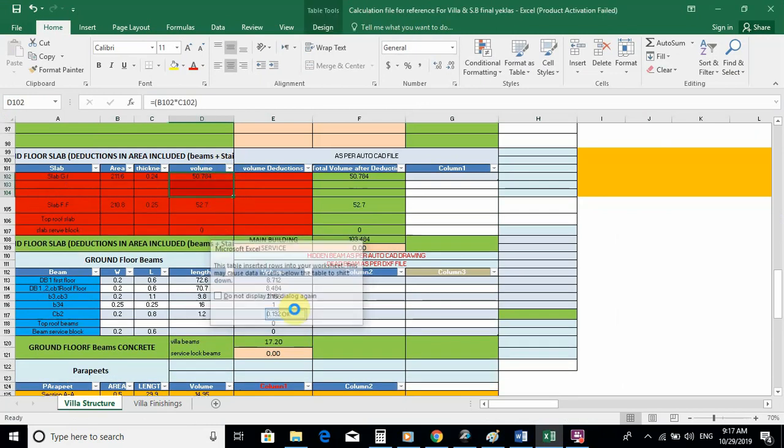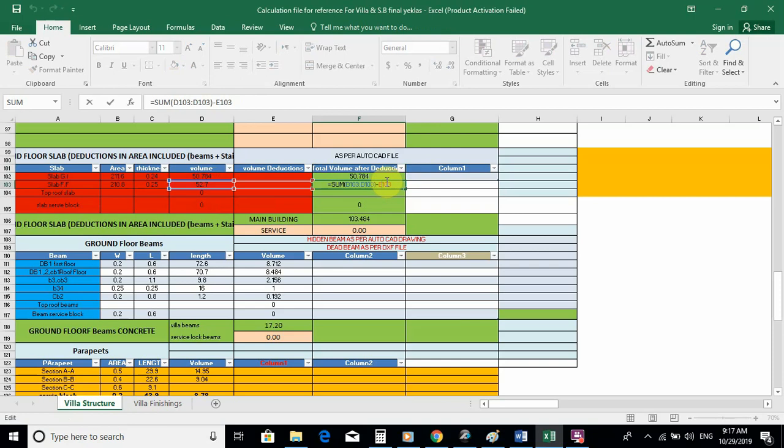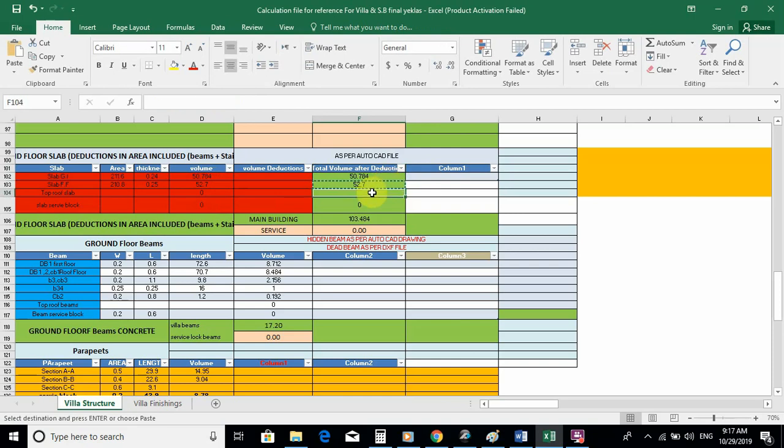Top roof slab volume, it will apply the same. I'm just preparing everything, because we actually copy the equations.